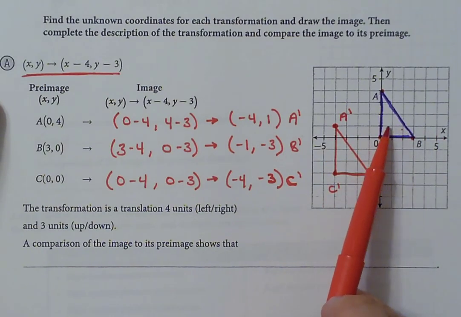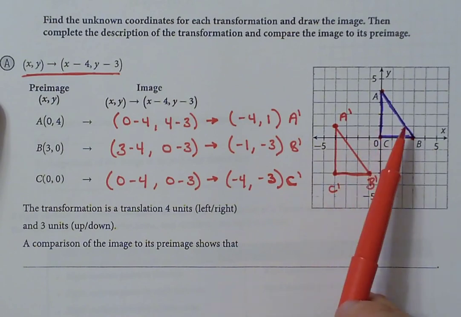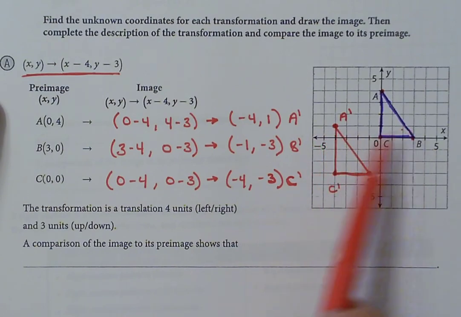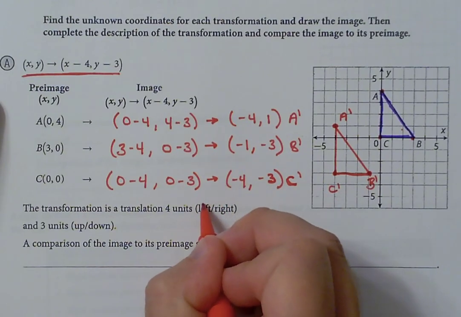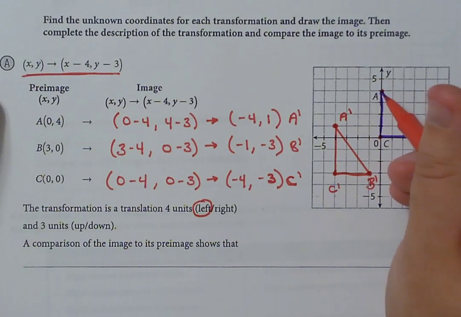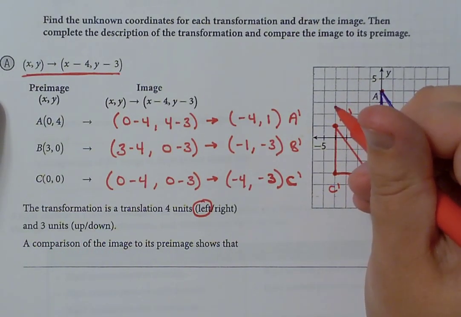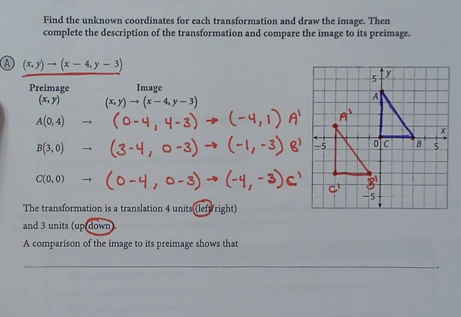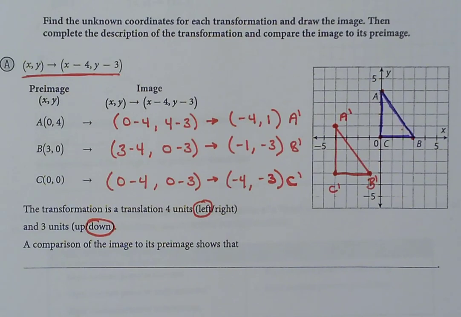We have to go from the purple to the red. Because the triangle went back 4, it went to the left 4 units, and then it went 3 units up or down. Purple is the original, so it went back 4 and then down 3. So it went down. And we'll talk about how to identify all of that later when we talk about translations in section 2.1.